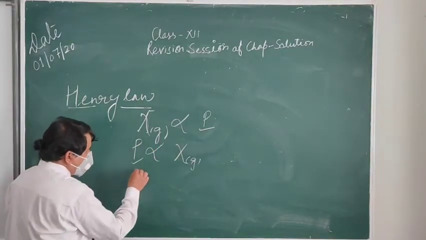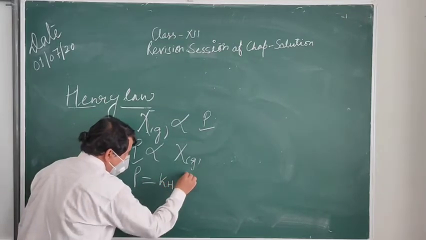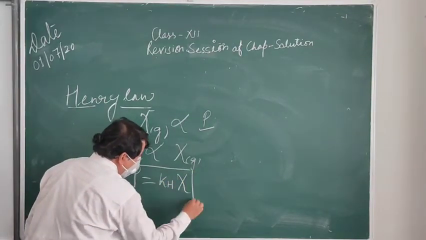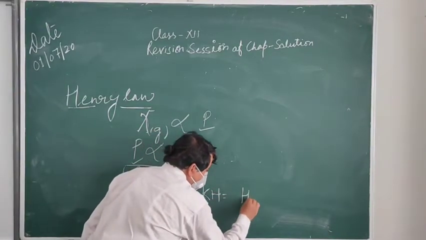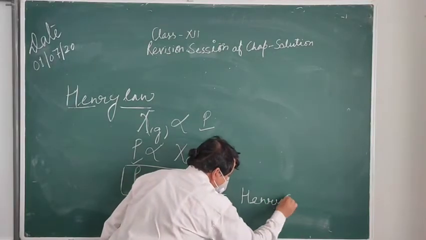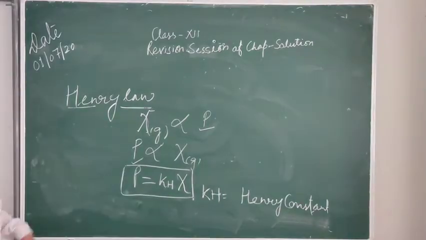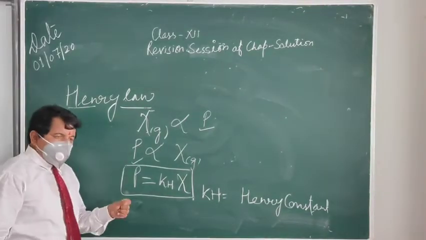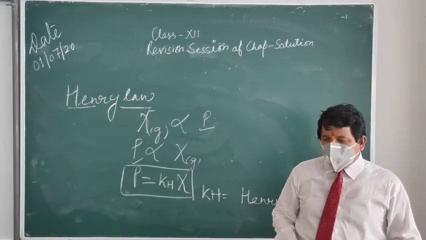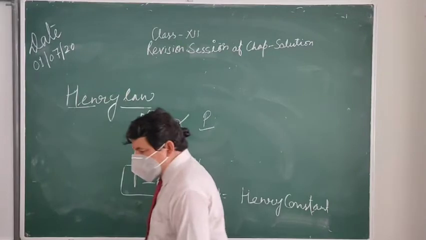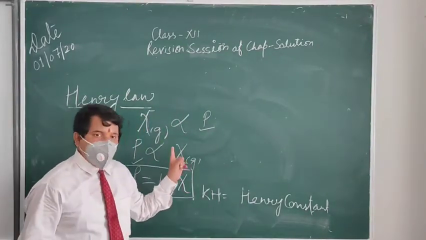Wherever there is a proportional sign, we have a constant. Here the constant is Kh, and that Kh is the Henry constant. What I told you: Henry gave a law in which he said that the partial pressure of any gas in liquid is directly proportional to its mole fraction.